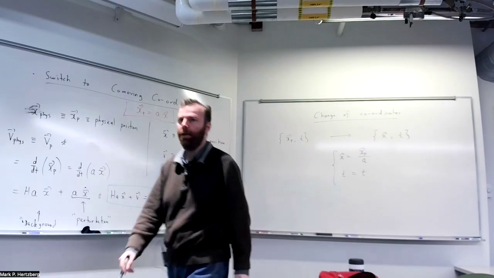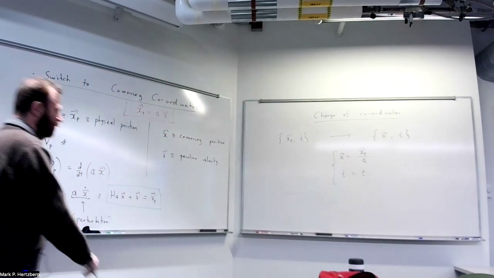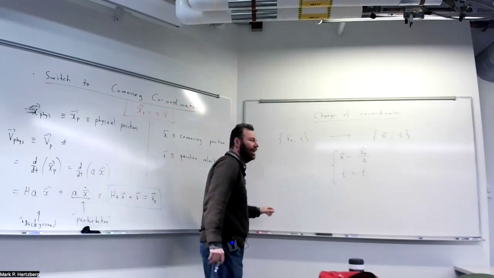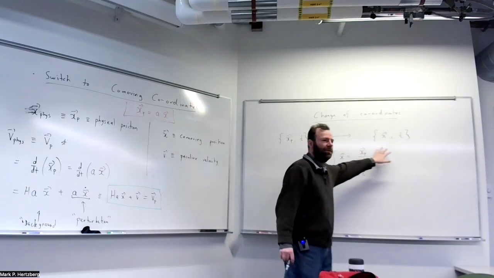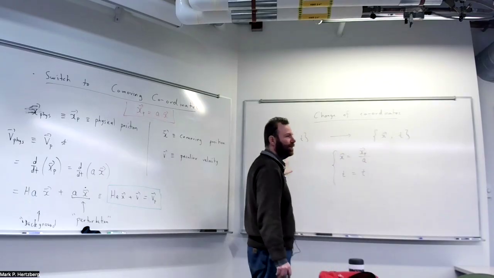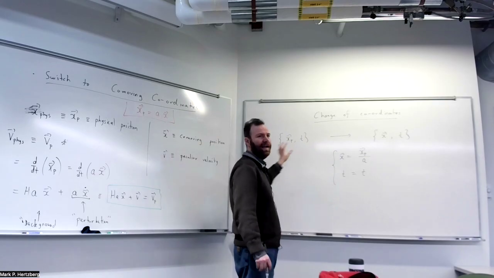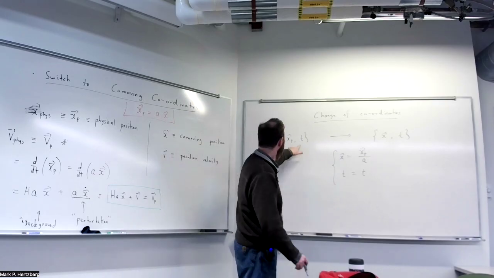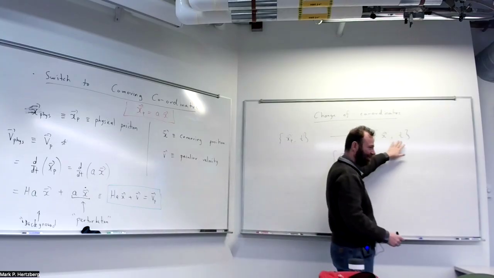Now, at the risk of being a bit redundant, when you have an old set of coordinates and you move to a new set of coordinates, it helps, at least for me, when I do the partial derivatives, to give all the coordinates different names. So that t is going to become t prime, and the new coordinate we'll call t.